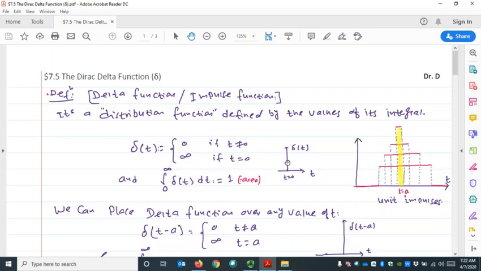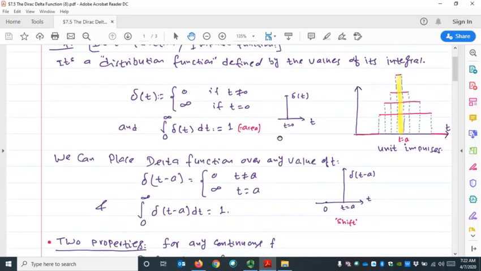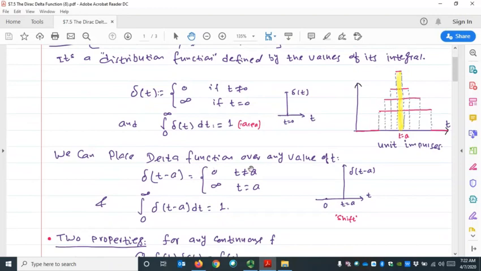At t equals 0 there is a spike, and outside 0 the value is 0. We can place delta functions at any value of t, which means we are shifting.